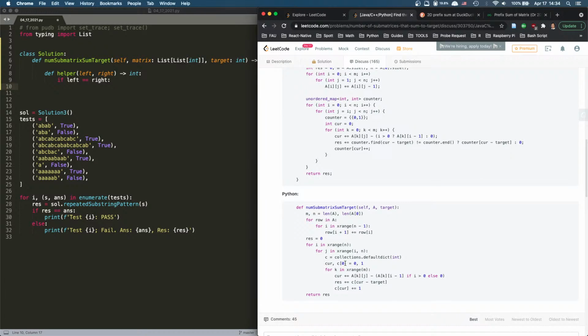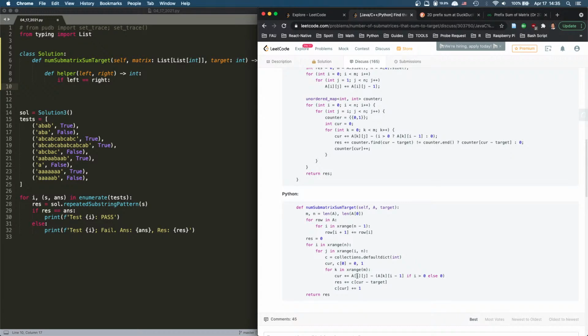Current and C0 equals 0. What's C? Default dict. 0. Is 1. And for K in range M, what's M? M is the length of A, which is the number of rows. So we go column wise, yeah?